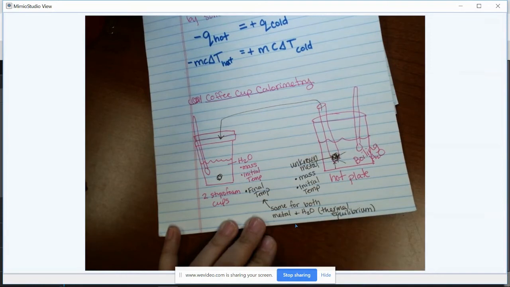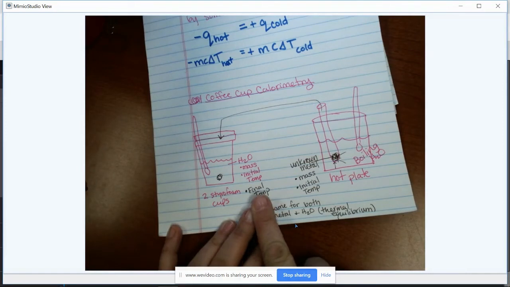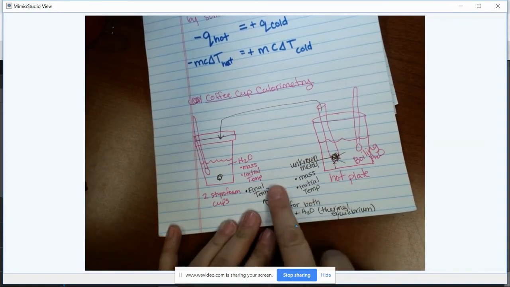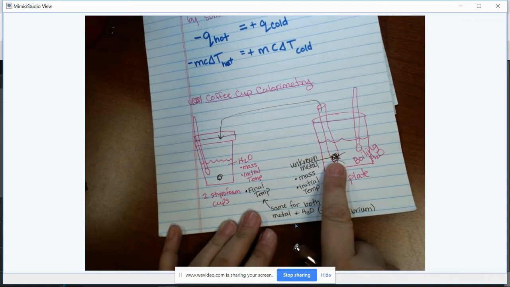And so if we come to the point where we have to calculate delta T, or the change in temp, the final temperature will be the same for both the water, which in this particular scenario is the cold stuff, and the metal, which is the hot stuff. It's the stuff that's starting out hotter.